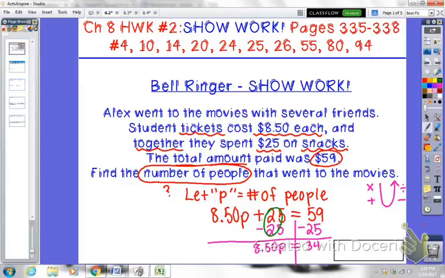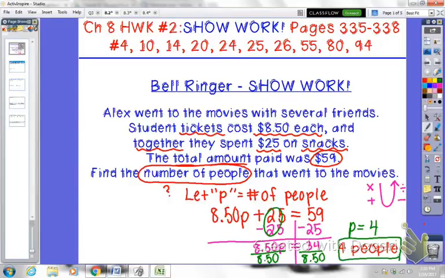Then you undo the multiplication by showing division with a fraction bar, divide both sides by $8.50, and P is equal to 4. So that means that 4 people went to the movies. And you could always double check, take $8.50 times 4, and then add your 25, and you should get your total of 59.